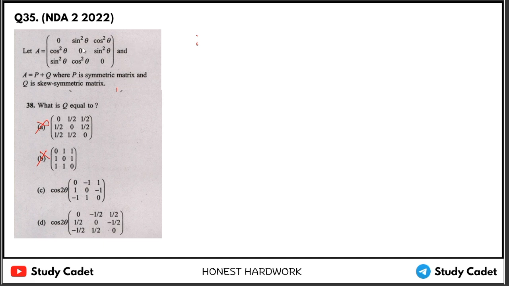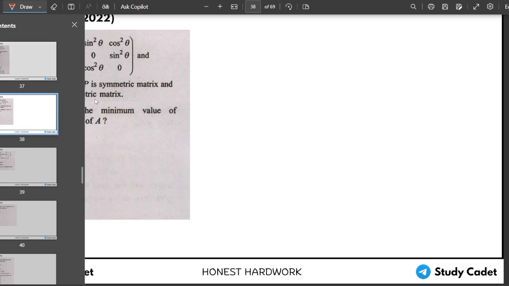Okay, cos square theta minus sin square theta, that is cos 2 theta. Okay, but we have half also, so it will be half cos 2 theta. So this will also not be the answer. D will be the correct answer.